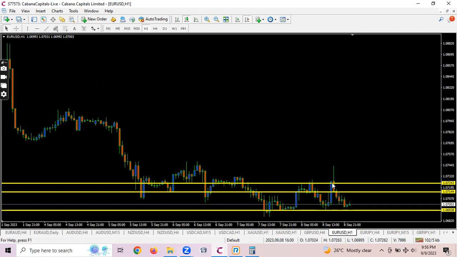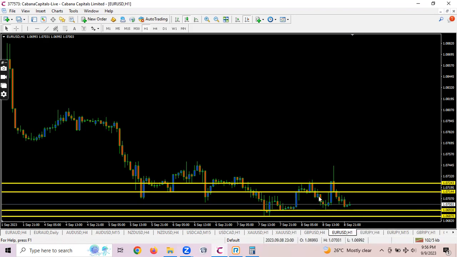So we might want to wait for price to break this zone before we consider buying Euro USD. And if a 4 hour candle closes below this zone, Euro USD would continue with its selling trend, the bearish trend.